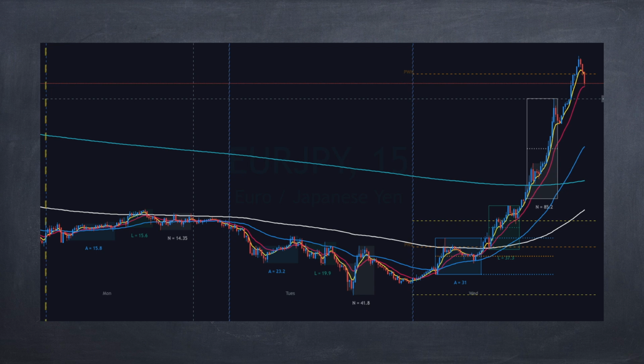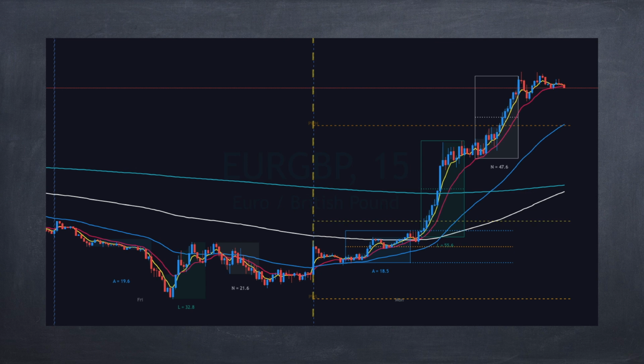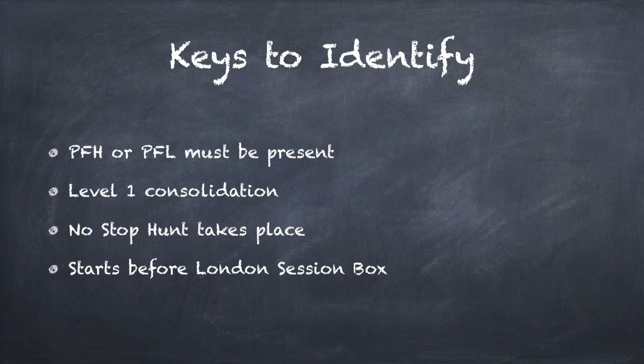But you can see in all these examples, it's pinning to something. It happens before the London box, so it's something that you would need to prepare for beforehand.